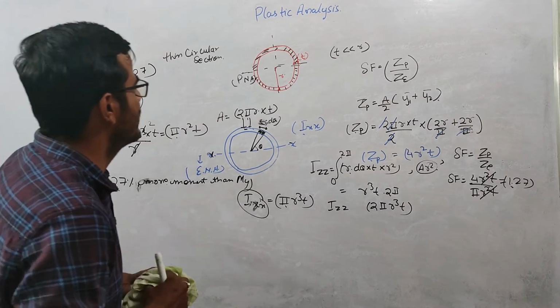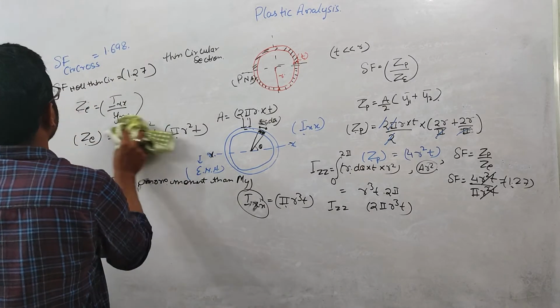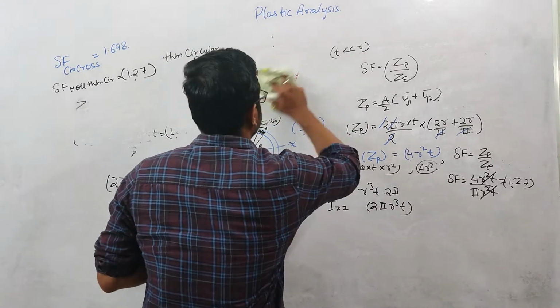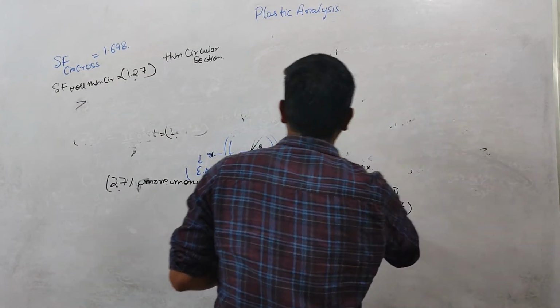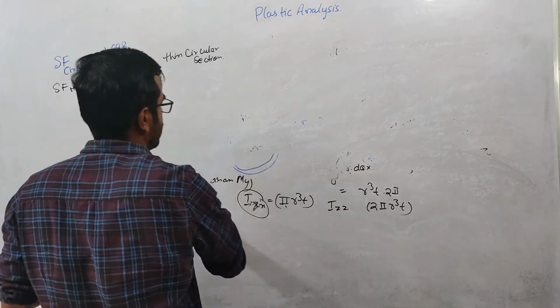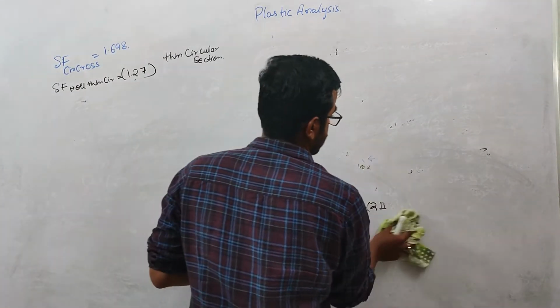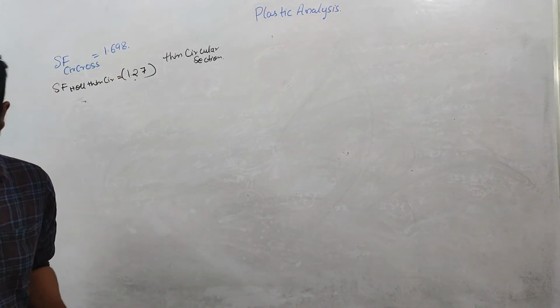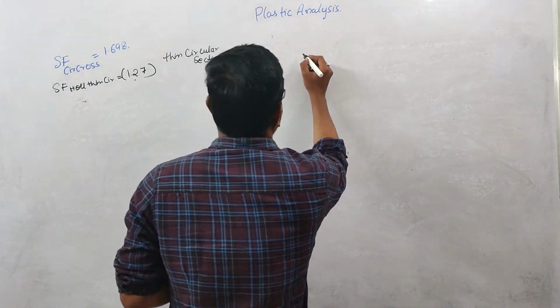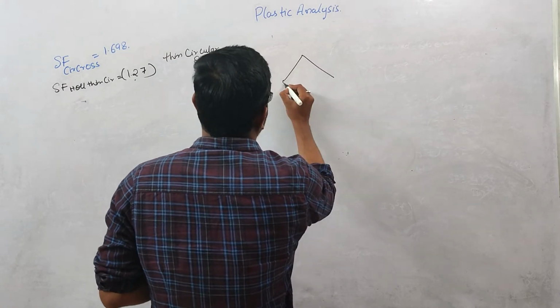Now let us calculate the shape factor for the diamond shape cross section. Okay, so diamond shape will look like this.